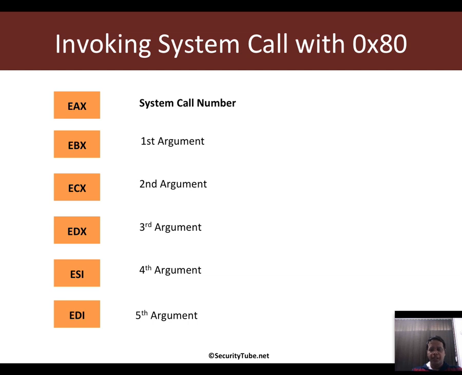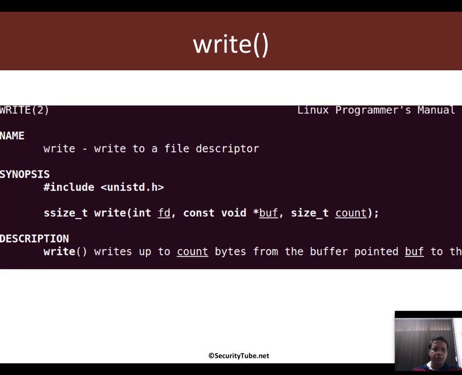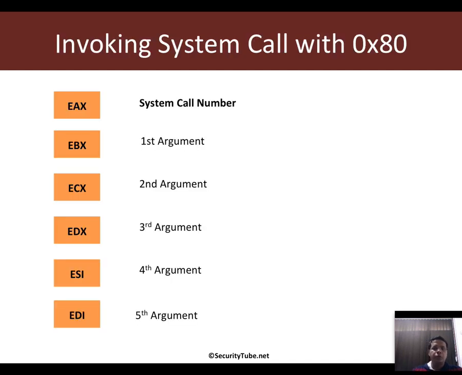Now, the question arises, we have all of these inputs which need to be fed into the system call, right? How do you pass all of these inputs before invoking a system call? Now, this is where for IA32, you are going to go ahead and pass these via registers. Now, the EAX register must contain the system call number.